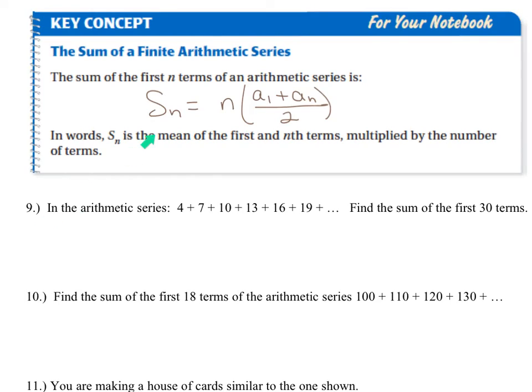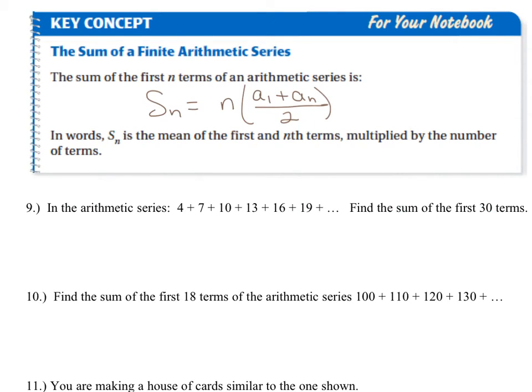So again, if we're trying to figure out, like for example number 9, in the arithmetic series, 4 plus 7 plus 10 plus 13 plus 16 plus 19, find the sum of the first 30 terms. So unless you really want to write out the first 30 terms and type them in your calculator individually, it's probably easier just to use this equation.